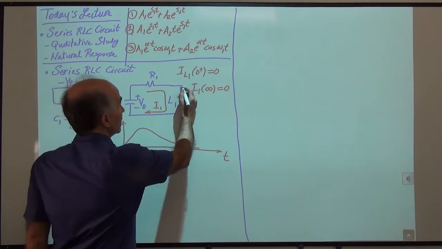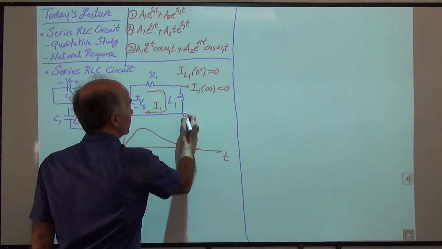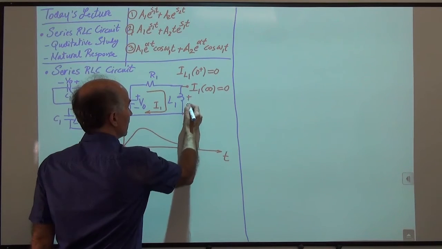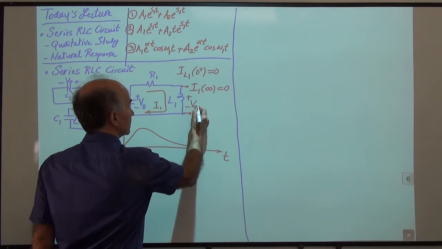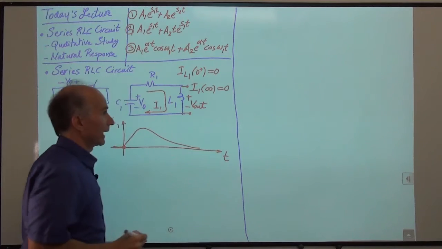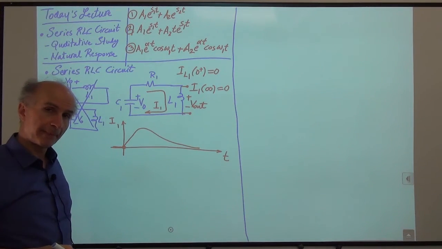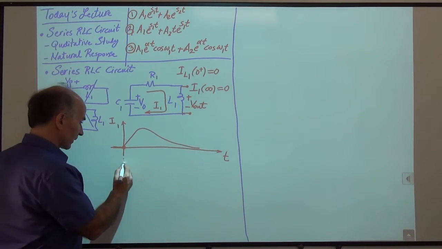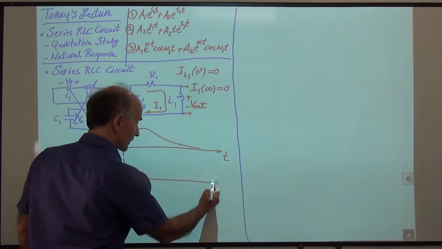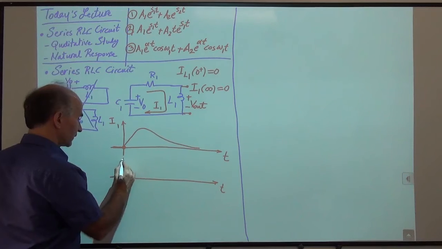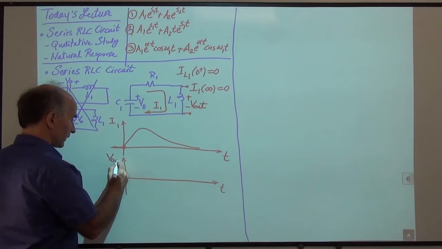But another interesting observation here is the voltage across the inductor. So let's call that V out and try to sketch V out as a function of time. So what does that look like? So here's V out as a function of time.